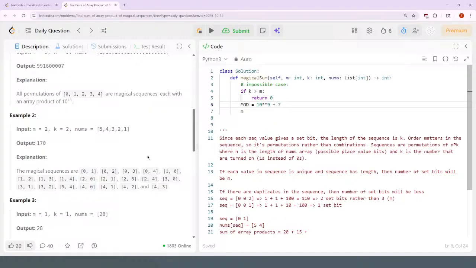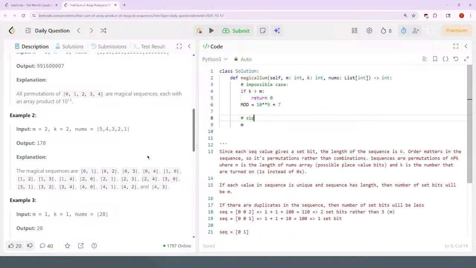So the simple case would be just solving for m equals k, and then working from there, I guess. Each value in the sequence is unique.